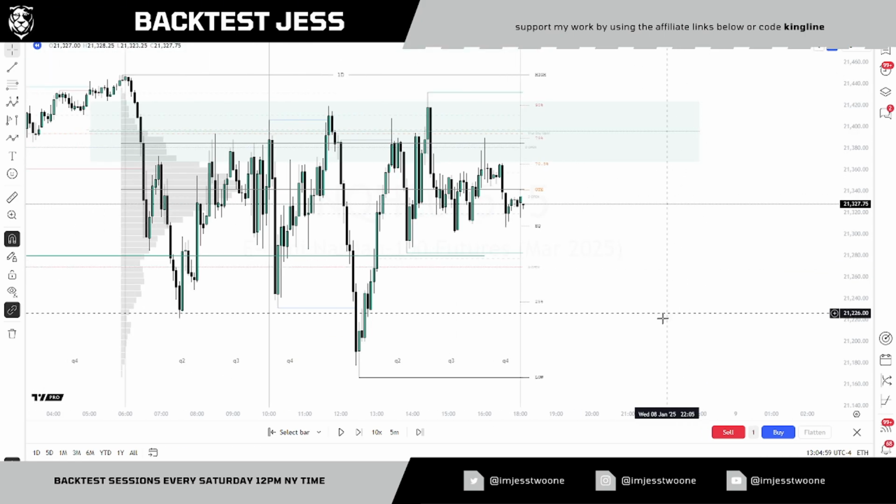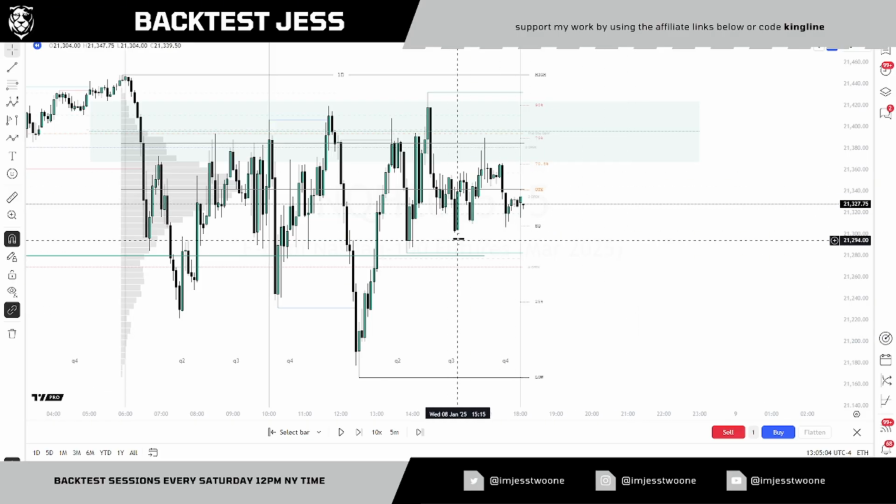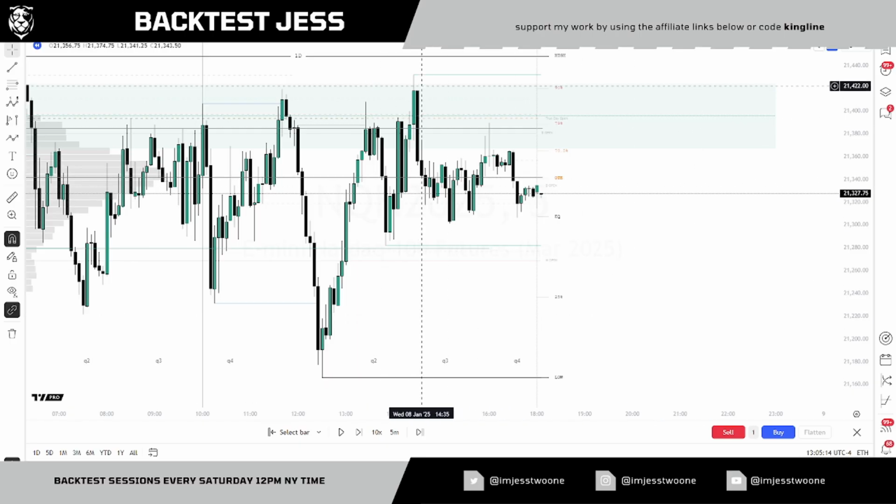So now, from where we are, this Q3 manipulation, we had one confirm right before. Or no, we did not. This would have been the manipulation that we were kind of waiting on to be confirmed. This one here.